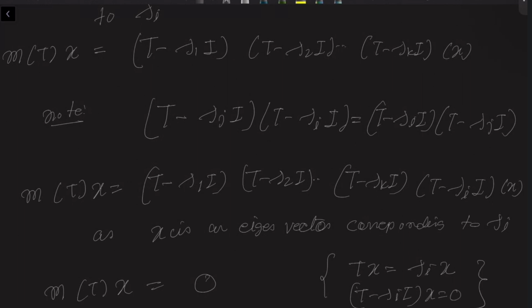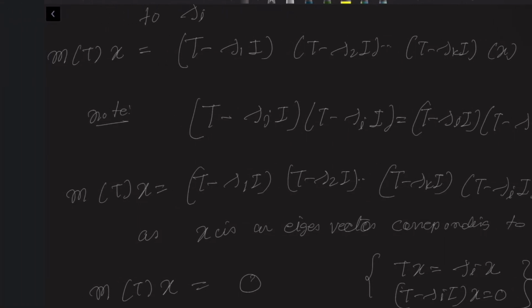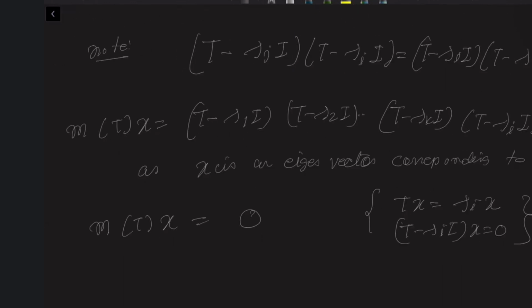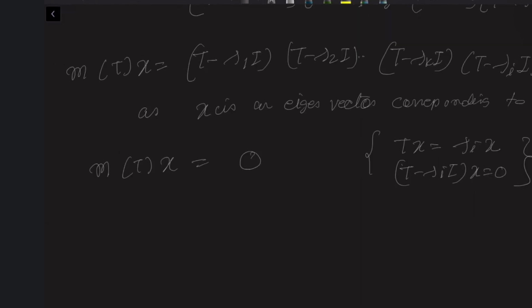Since one quantity is 0, if you multiply the 0 operator with anything, it will always give you 0. So this proves our theorem, because this is what we wanted to show. Okay, fine.